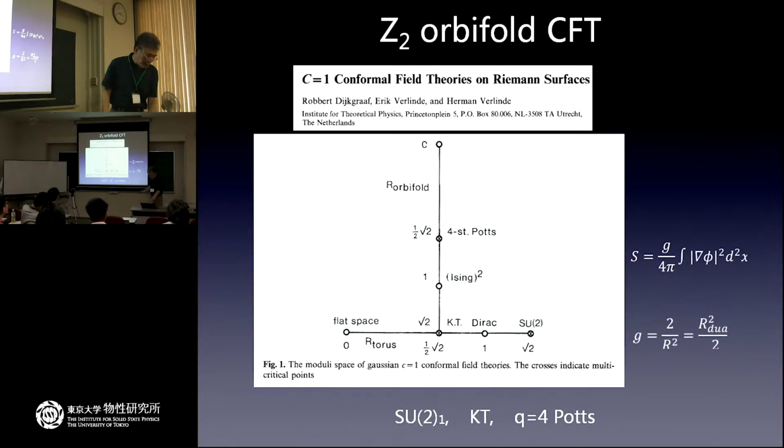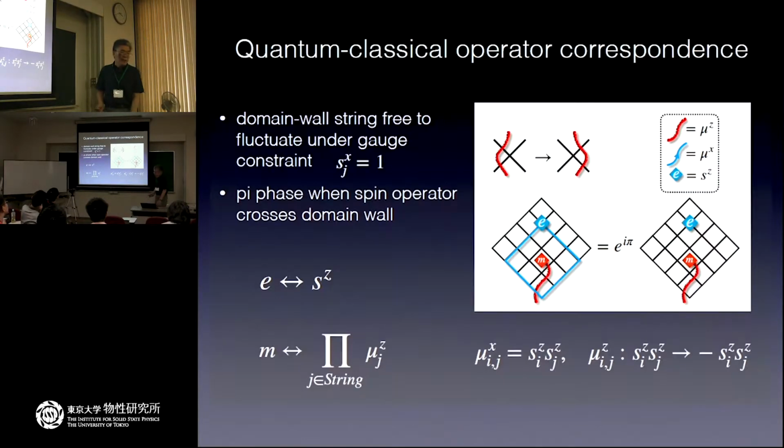Maybe I don't need to go into detail about this. After that we established a correspondence between the quantum model and the classical model. That's quite important. That's a very important thing actually.